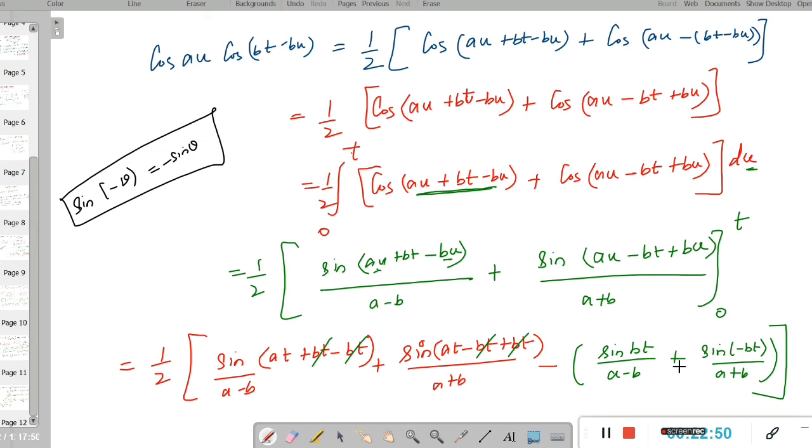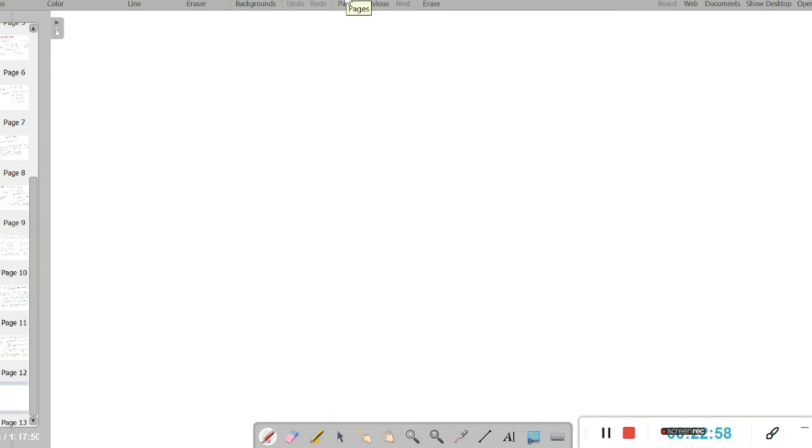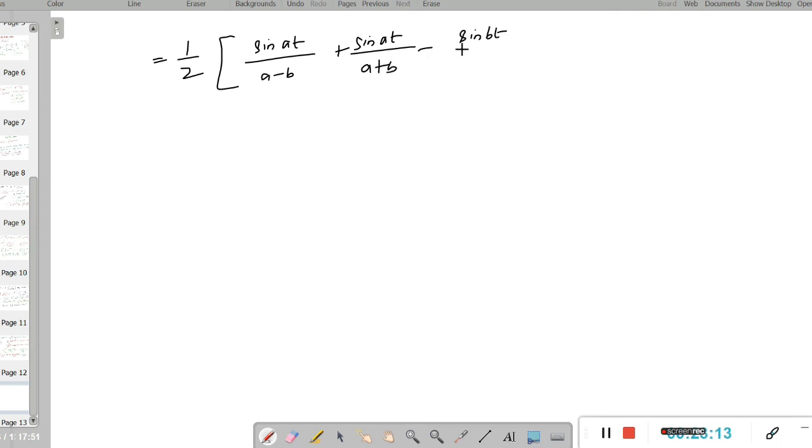If you apply it here, you get a minus sign, so minus of minus gives plus. After using this formula, I am going to write 1 by 2 sin at by a minus b plus sin at by a plus b minus sin bt by a minus b plus sin bt by a plus b.